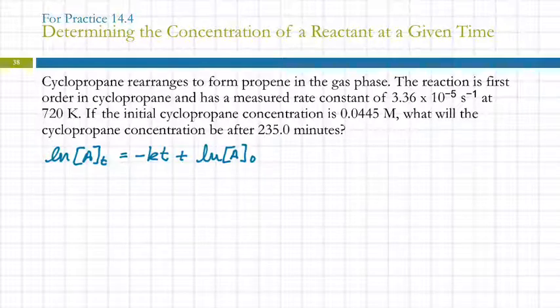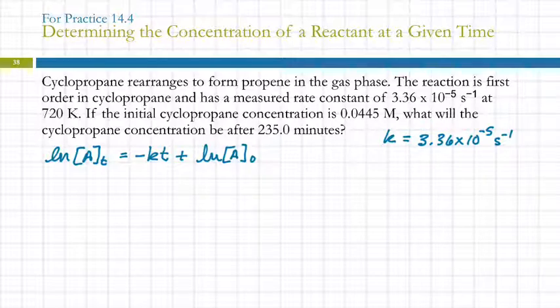Well, they gave us the rate constant. k is 3.36 times 10 to the minus 5 per second. They gave us the temperature. Is there temperature anywhere in that rate law? No, there isn't. The rate constant does depend on the temperature. It'll change with the temperature, and we'll learn later in this chapter how it changes.